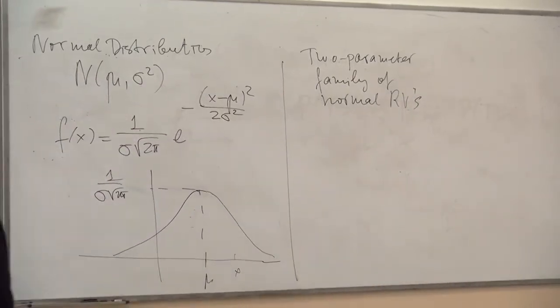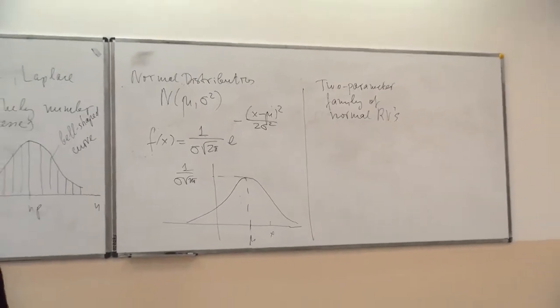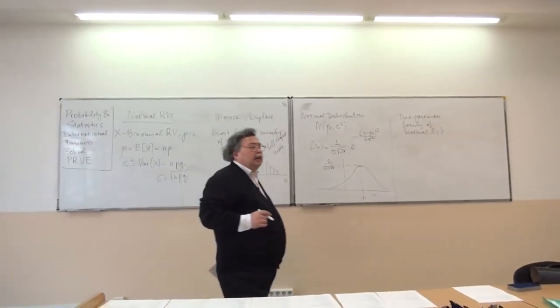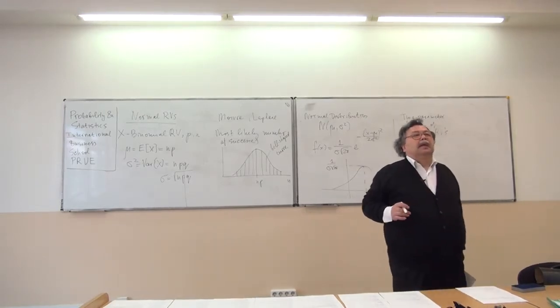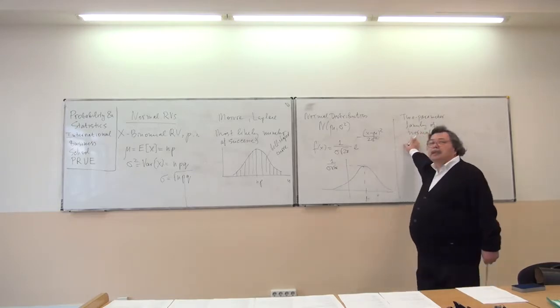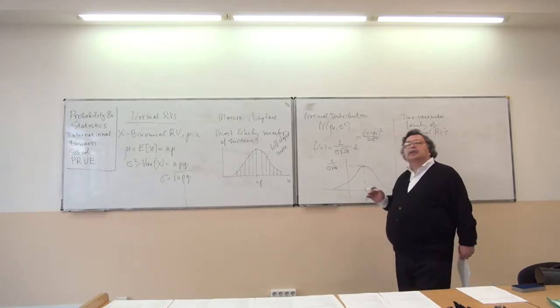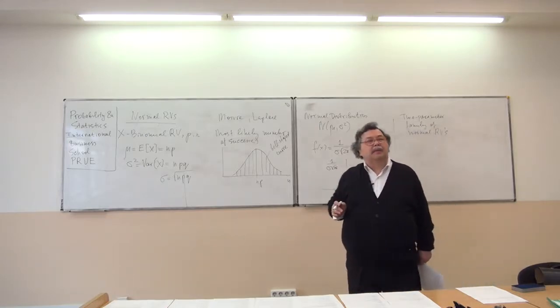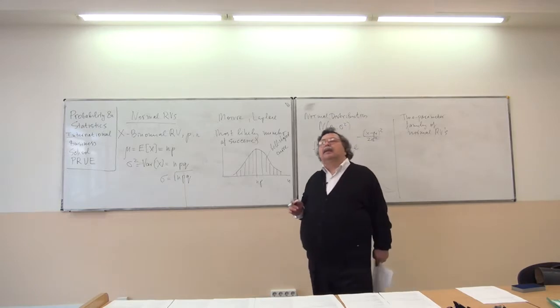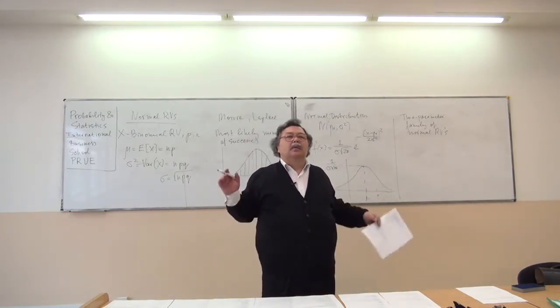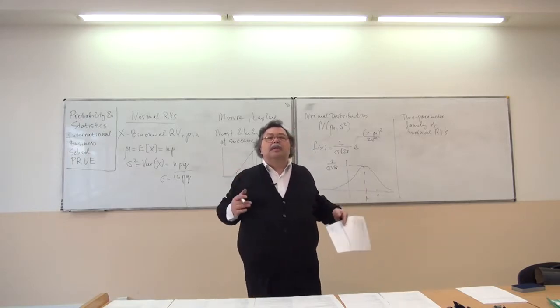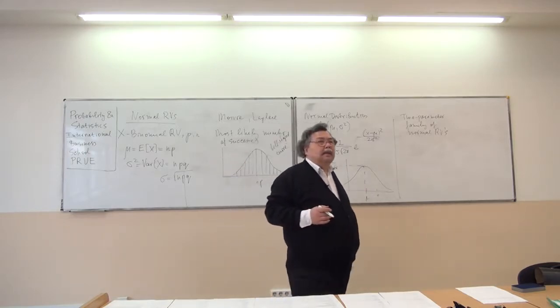But a much more important observation is this. Actually, the various normal distributions in this infinite two-parameter family are not really very different. They all can be converted into just one random variable.